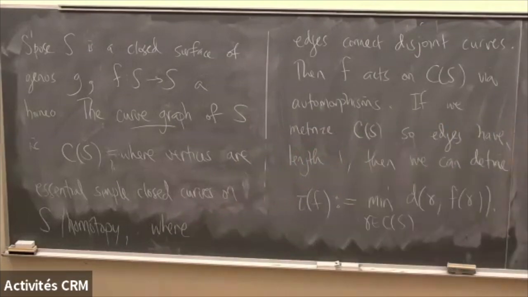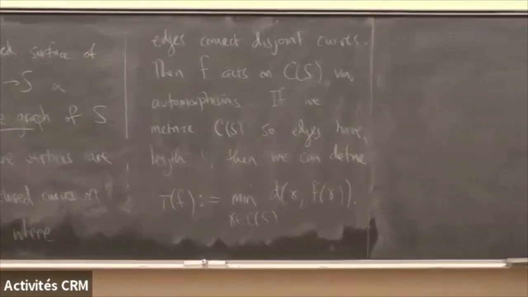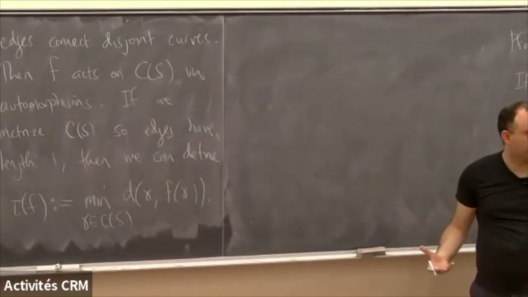F acts on the curve graph because you can apply it to a curve, and the translation length is this minimal displacement. If this is unfamiliar to you, it's really not a big deal. You're supposed to think of it as a notion of complexity for F.